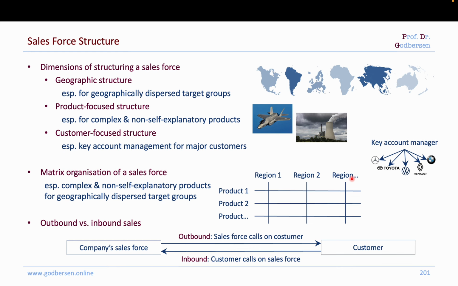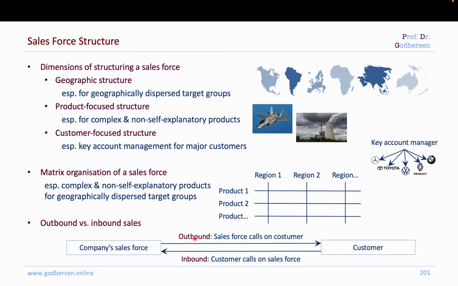The third perspective here for the sales force structure is outbound and inbound sales. Probably most of us intuitively think, oh, sales force, yes, they go out, they contact the potential customers and approach them. No, this might be the case very often, probably in the majority, but there's also inbound sales.